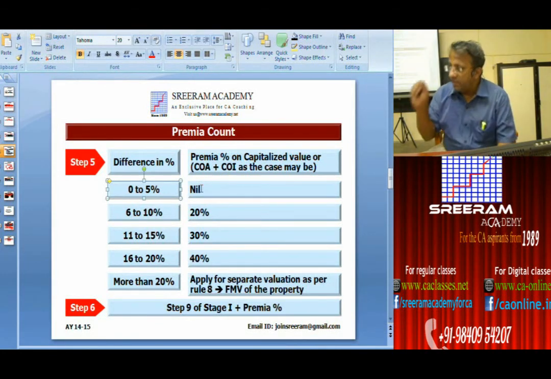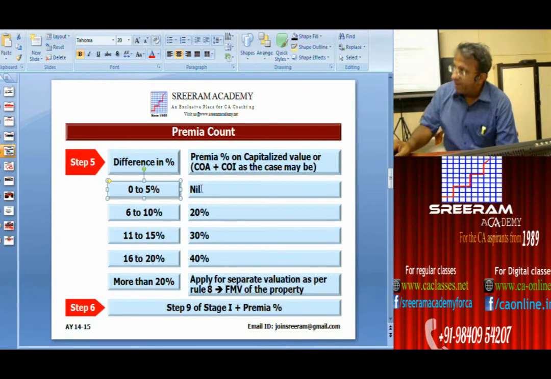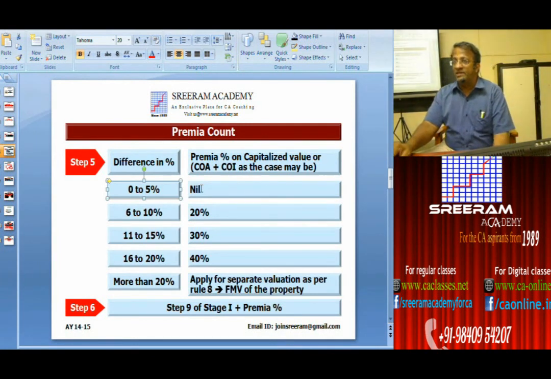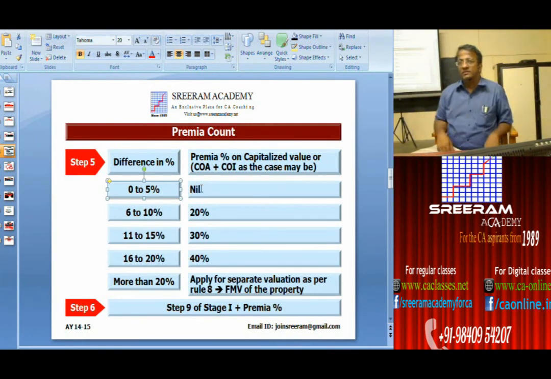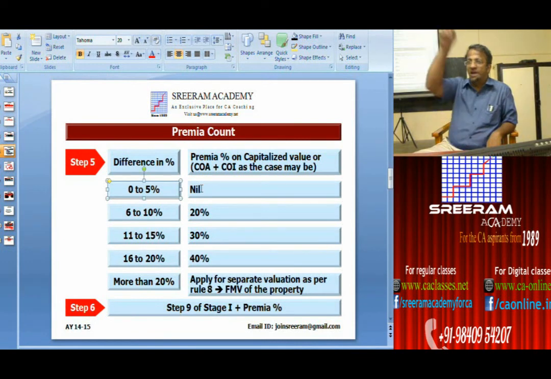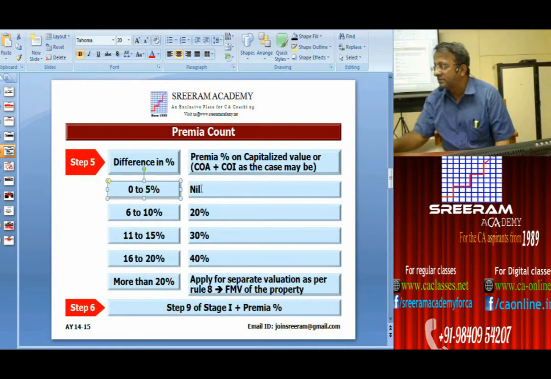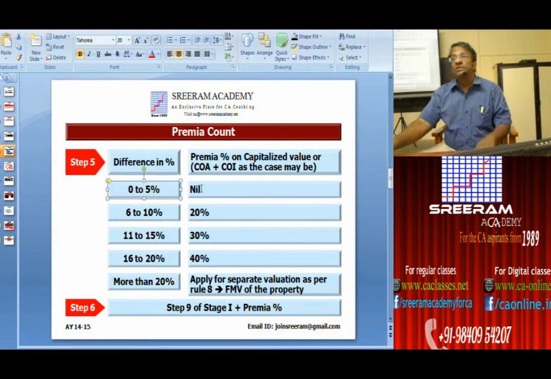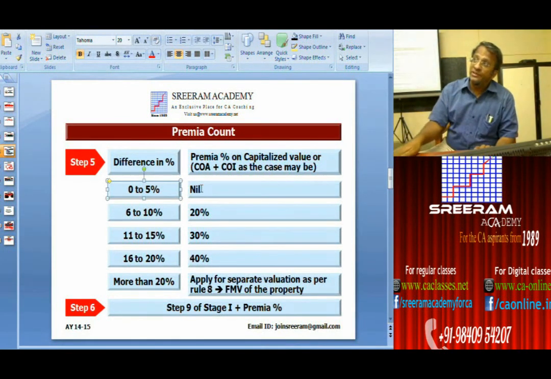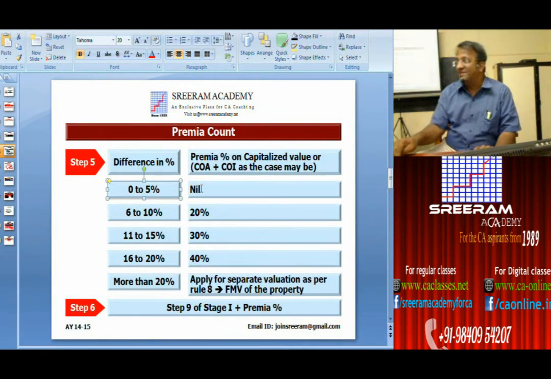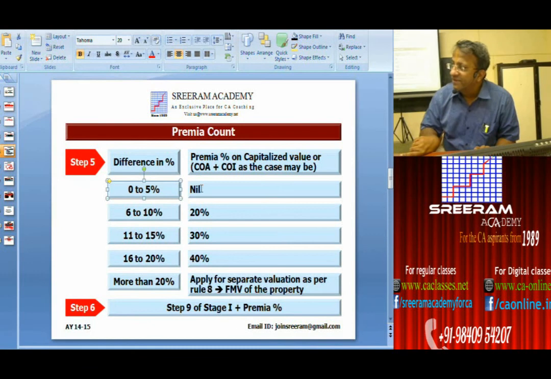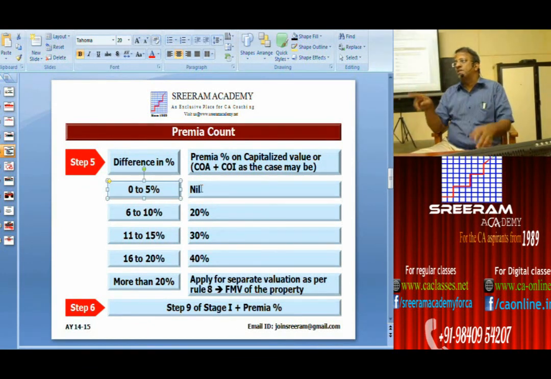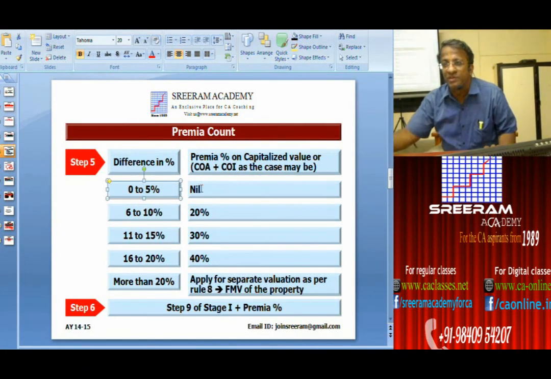So, the latest value of the property can be gauged by the rental value only. The present day rental value through which you can work in the reverse. Supposing working in the reverse based on the rental value is coming to a number less than cost of acquisition and cost of improvement, then cost of acquisition and cost of improvement can be taking its position.